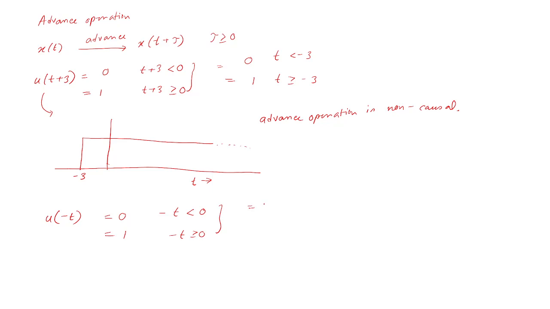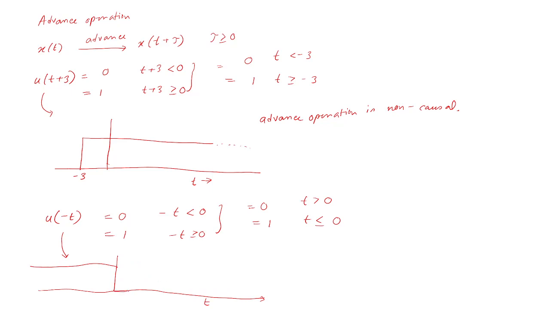That means it is going to be 0 when t is greater than 0, and it is going to be 1 when t is less than or equal to 0. Therefore, if we plot this u of minus t, it is just the mirror image of the plot of u(t).